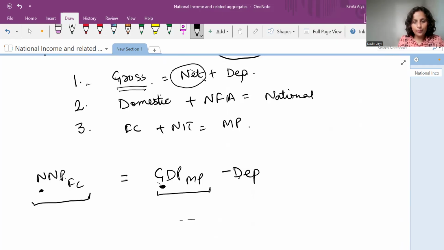Then we have domestic. So domestic has to be converted into national. Whatever we have to convert, that is to be treated, and whatever we have to get, that is to be separated. We need national. So how do we get national from domestic?